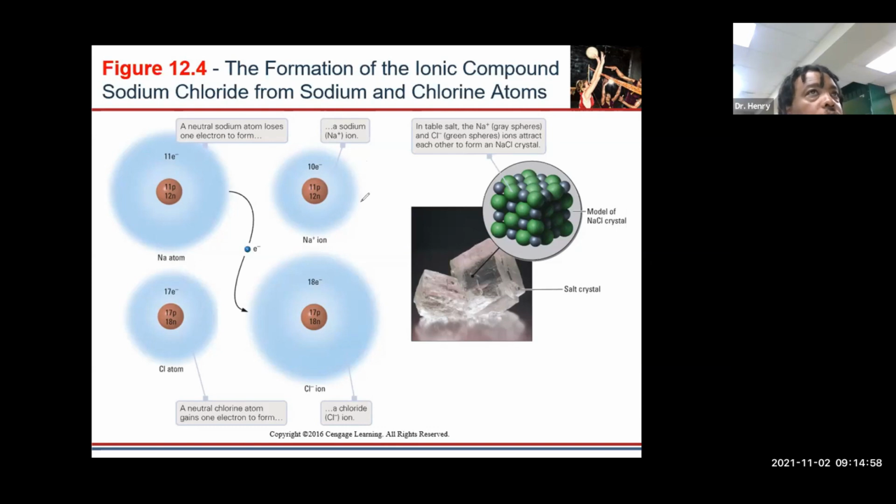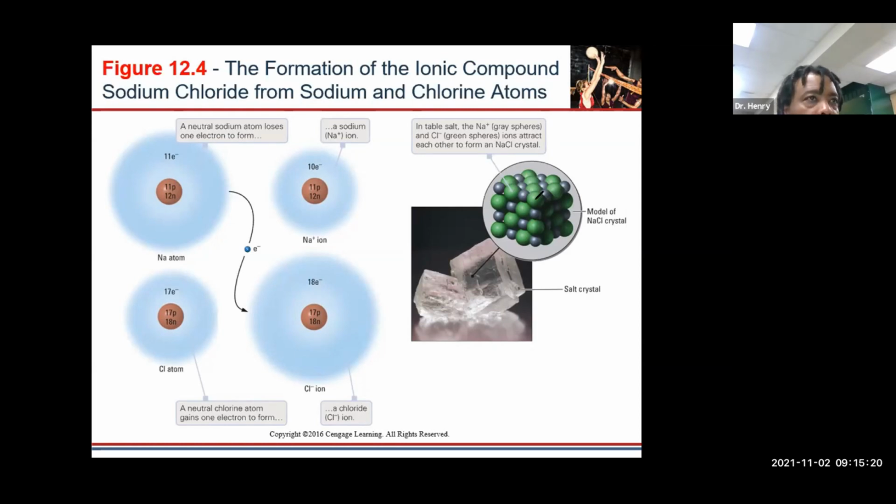Okay. And so these guys form a lattice by alternating between them. This guy here represents the sodium, this represents the chlorine. So the gray represents the sodium, the green represents the chlorine. So they're alternating between positive and negative charges, because this guy is positive, this guy's negative, this guy's positive, this is negative.